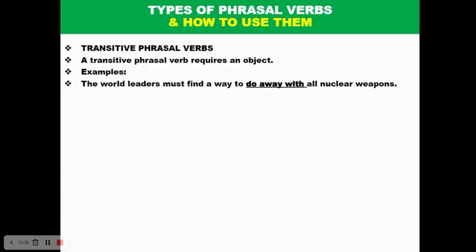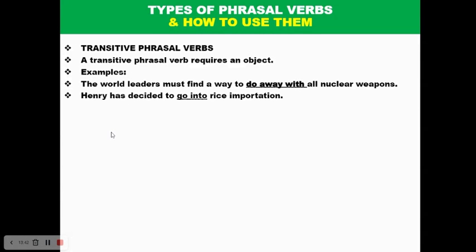Now let's take another example. Henry has decided to go into rice importation. Now, go into is the phrasal verb. Rice importation is the object. So you can see the phrasal verb here. And you can see the object.